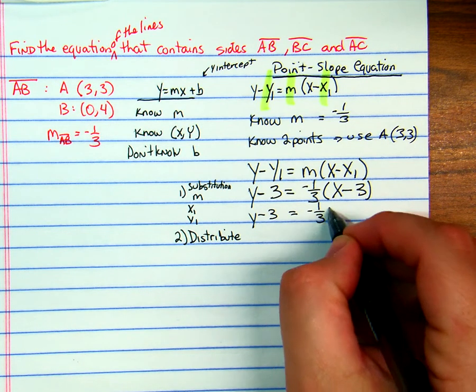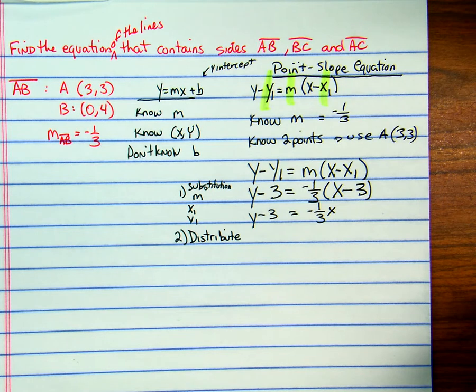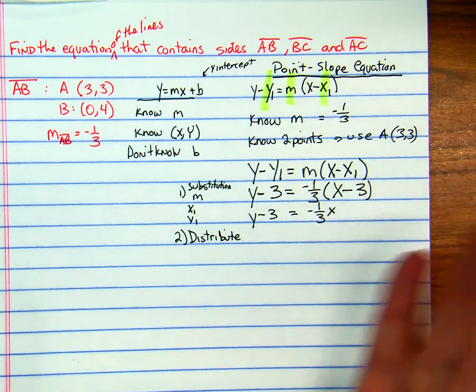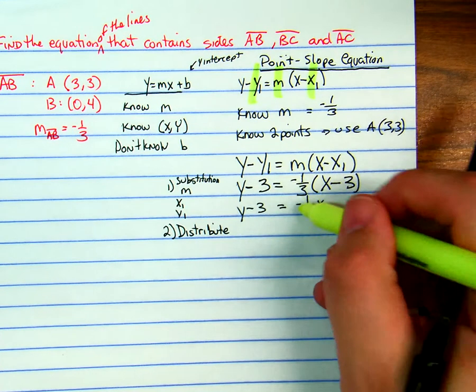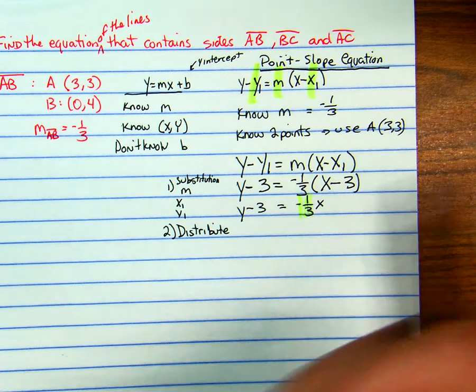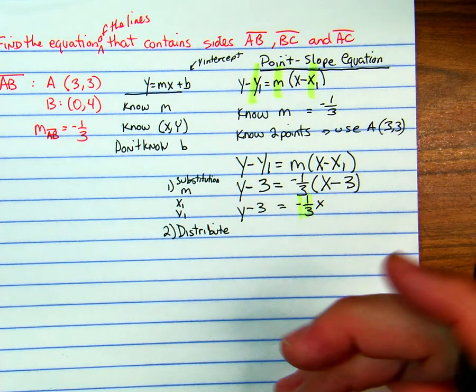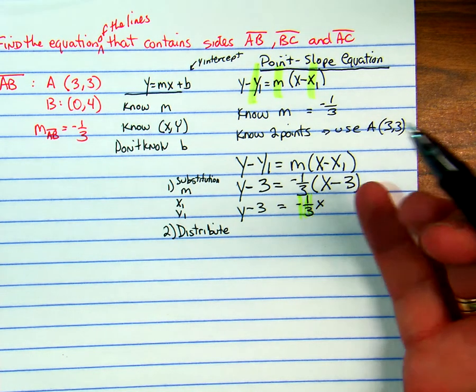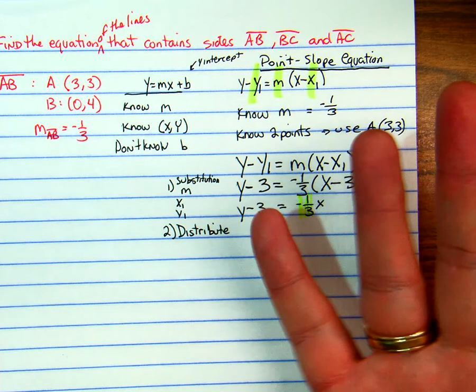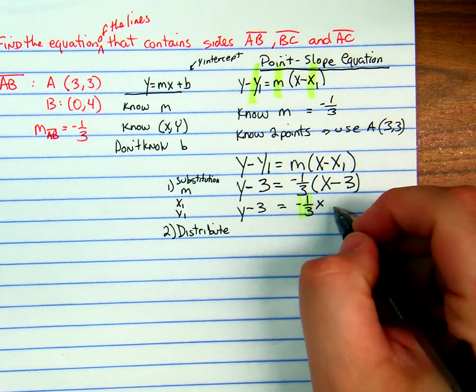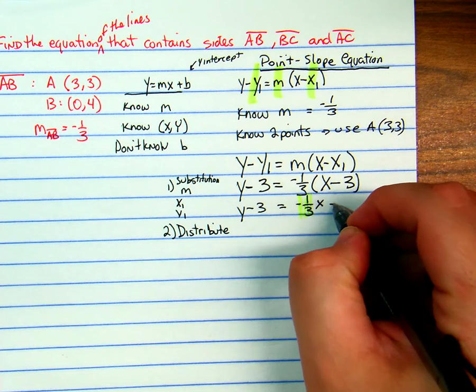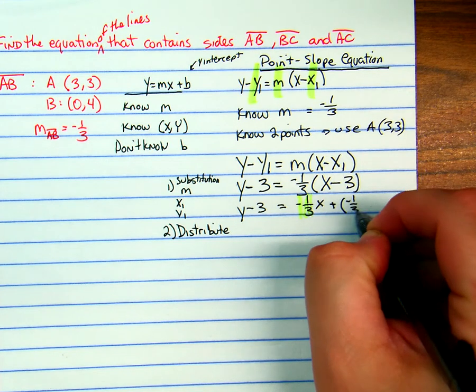Negative 1/3 x. We could have put x in the top and gotten negative x over 3, but it's better this way because we can see our slope. Sometimes when you put x in the numerator, the slope gets covered up a little bit, so we don't want that to happen. And so then we're going to go plus negative 1/3 times negative 3.